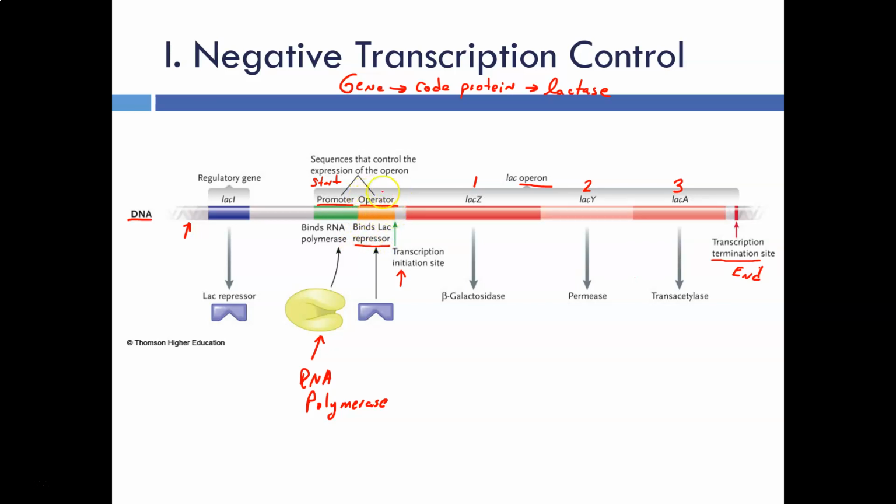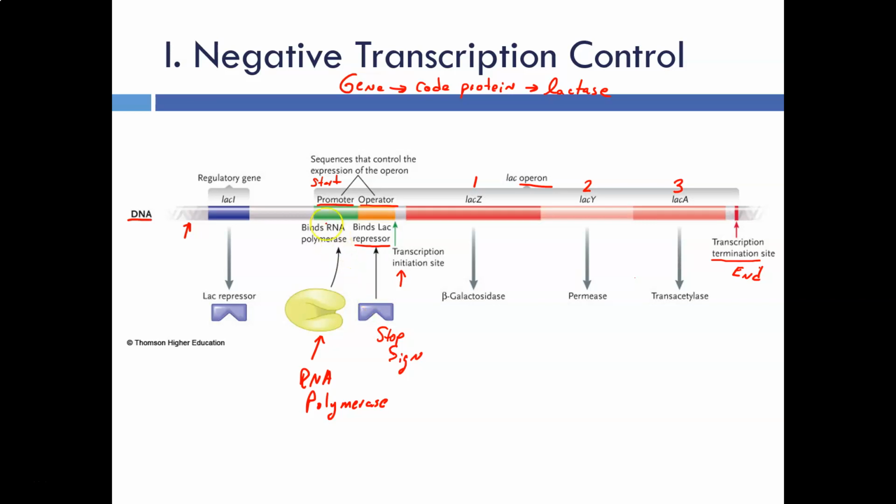But if it was bound to the operator, that would be like a stop sign, telling the RNA polymerase, hey, you can't go. So when it comes time to turn these genes on and off, it all comes down to where the repressor currently is.